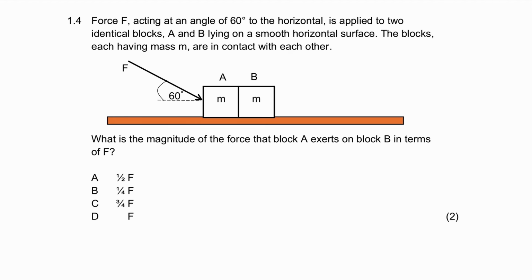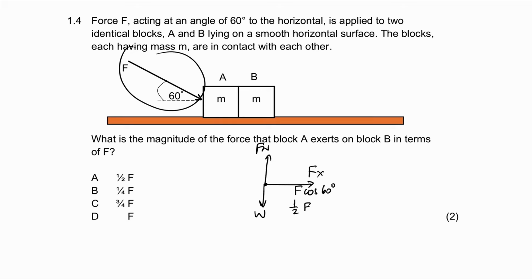So for A, I'm going to have the horizontal component of this force, which is going to be Fx. And we know that Fx is F cos theta, so that's going to be F cos 60, which is half F. Now the other forces that are acting on it are obviously going to be the normal force, there's going to be weight, there's no friction.